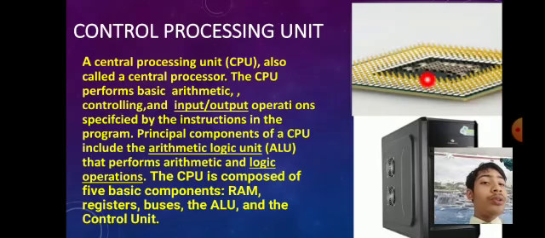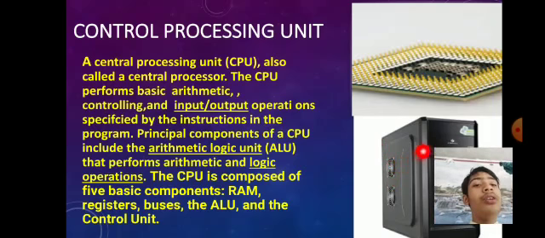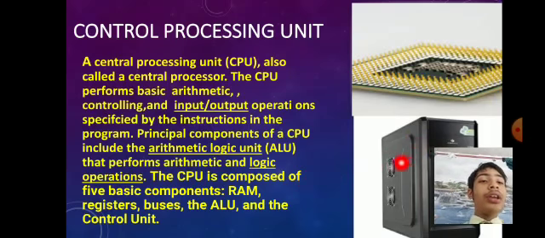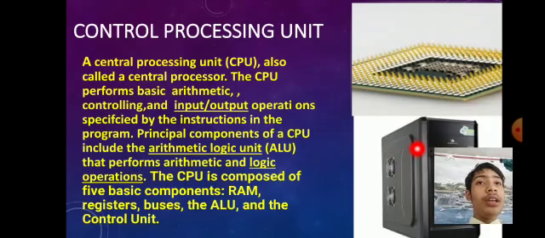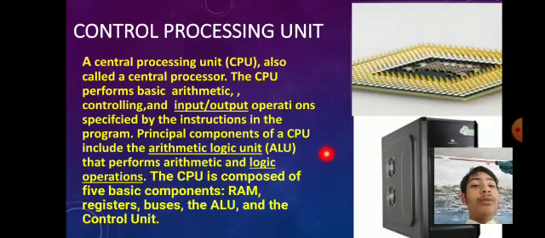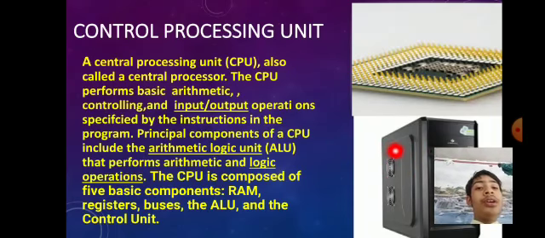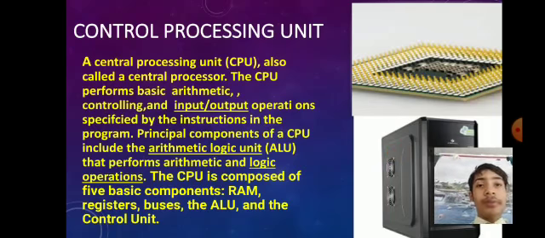The CPU is the most important part of a computer and is also known as the brain of the computer. It is divided into three parts: ALU, control unit, and memory unit. For calculations it uses the ALU, arithmetic logical unit. For controlling the computer system it uses the control unit, and for storing the data it uses the memory unit.